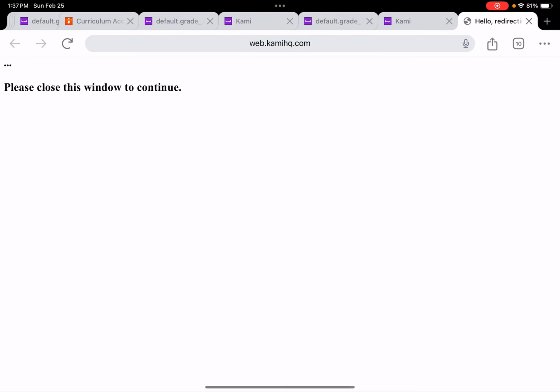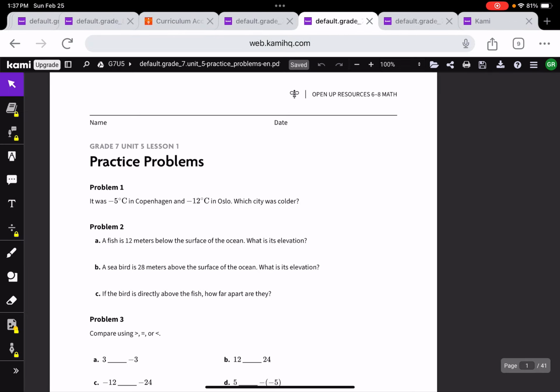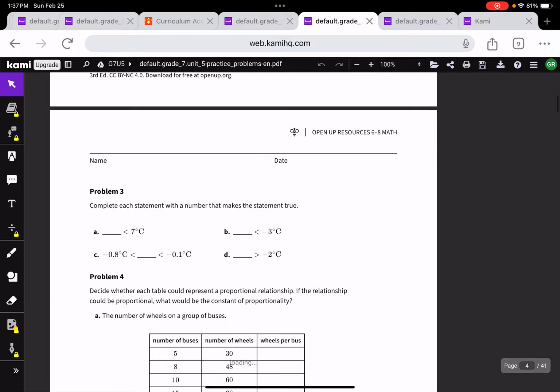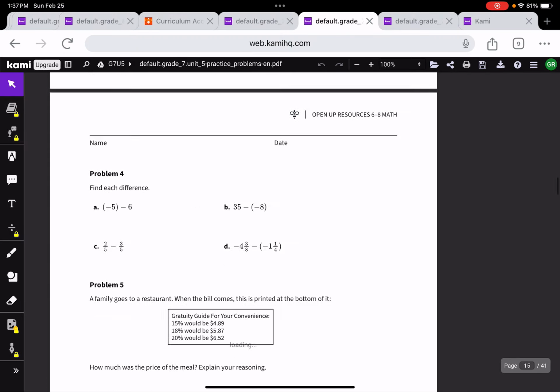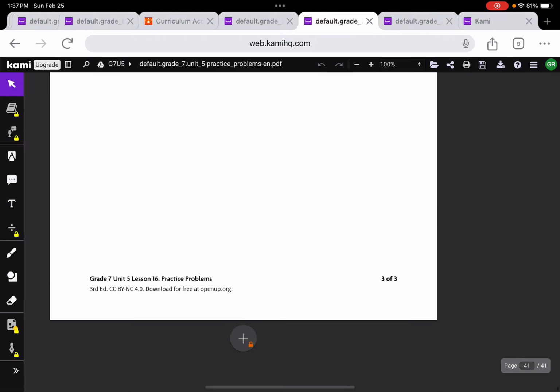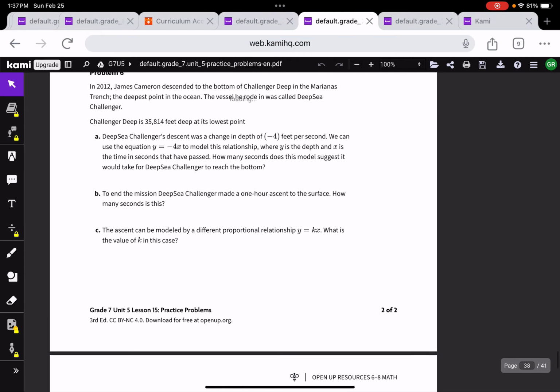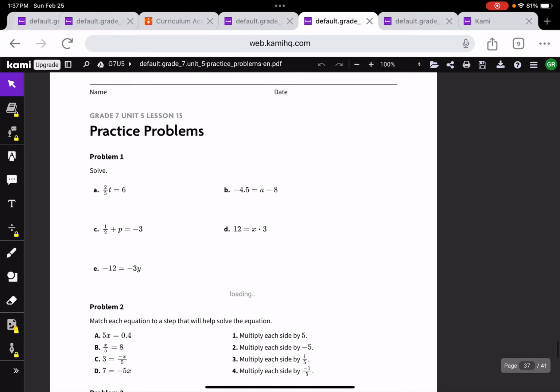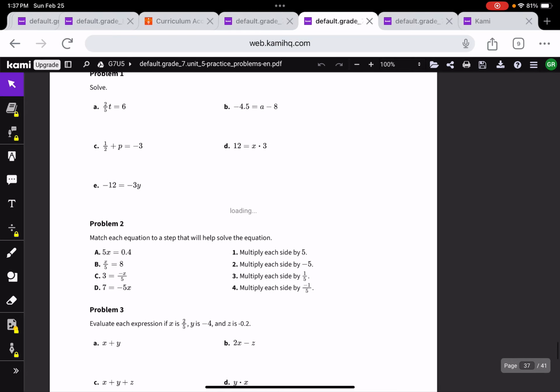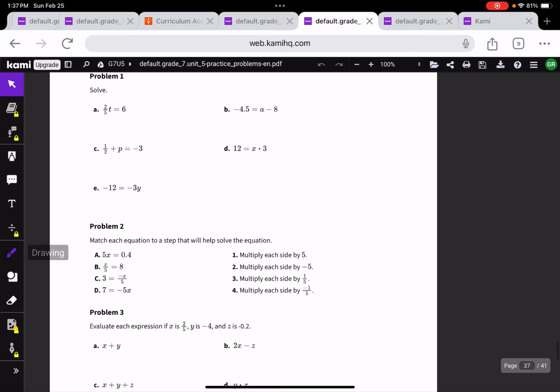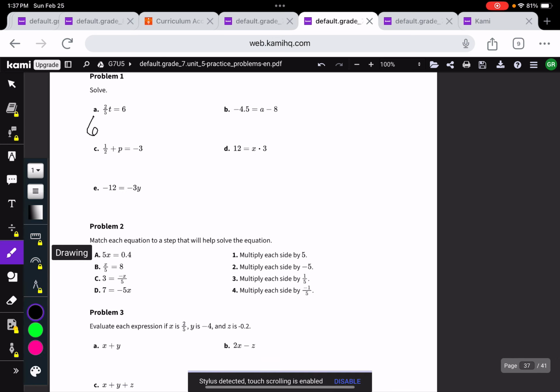You should have done lesson 15 practice problems last night. Here was last night's homework. Hopefully in order to solve this from last night, you should have taken that 6 and multiplied it by the inverse.